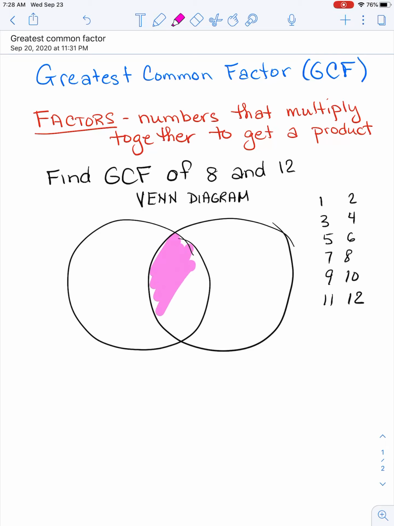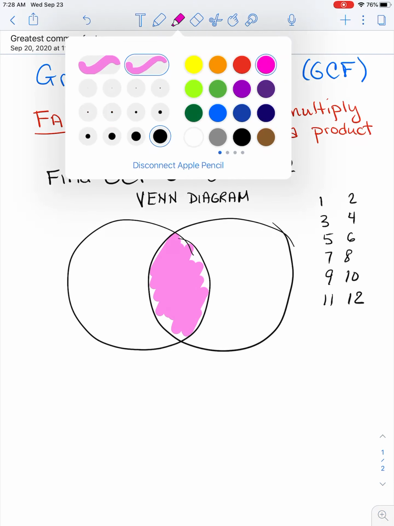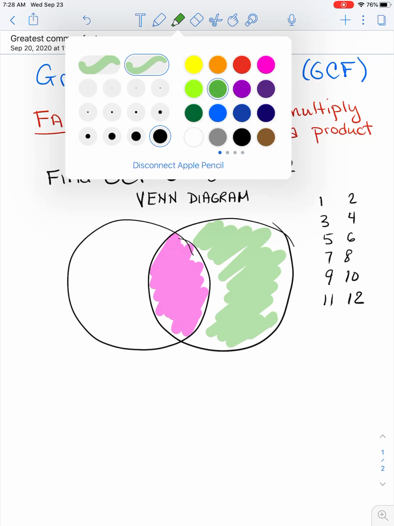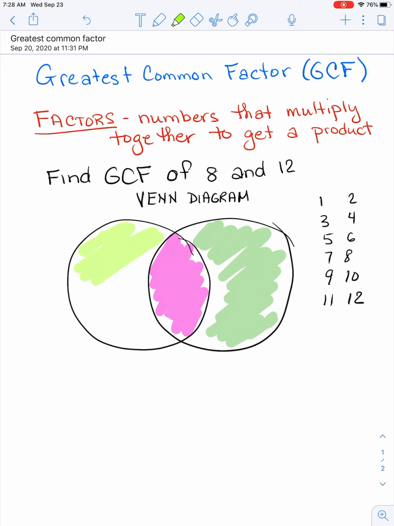This middle section is what things have in common. All right, and these outer parts of the circle are what things don't have in common, and a lot of times you'll see this in ELA to compare and contrast.